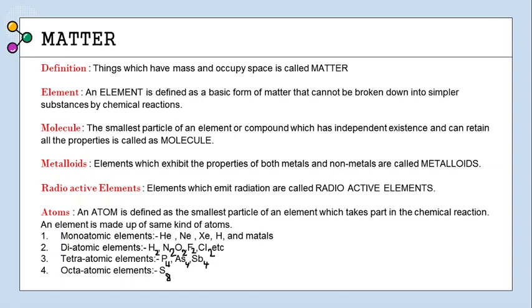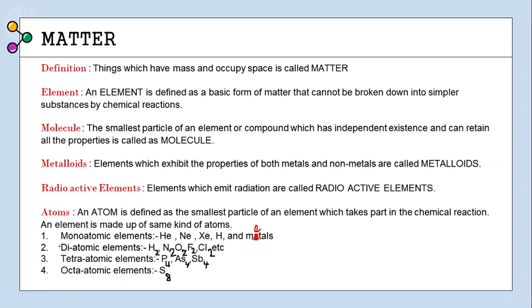We have 4 types: monatomic, diatomic, tetraatomic, and octatomic. Mono means one, so one atom in an element makes it a monatomic element, like helium, neon, xenon, and other noble gases.